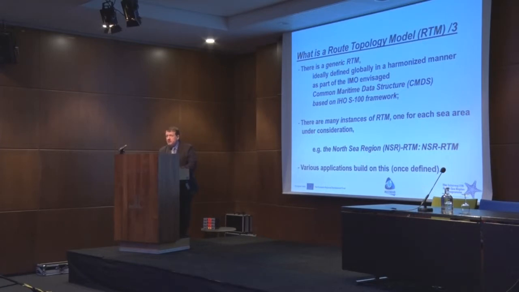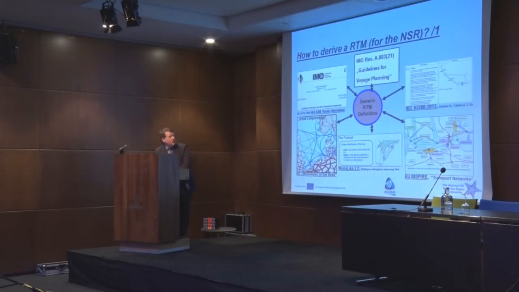But then we have our topic of the ACCSEAS project, the North Sea region, and therefore we need to, by means of an example, look into that region and come up with a North Sea region route topology model. And of course both the generic and the instance level can be used to build applications. We are not alone at home, so here we are in the middle in this regard.